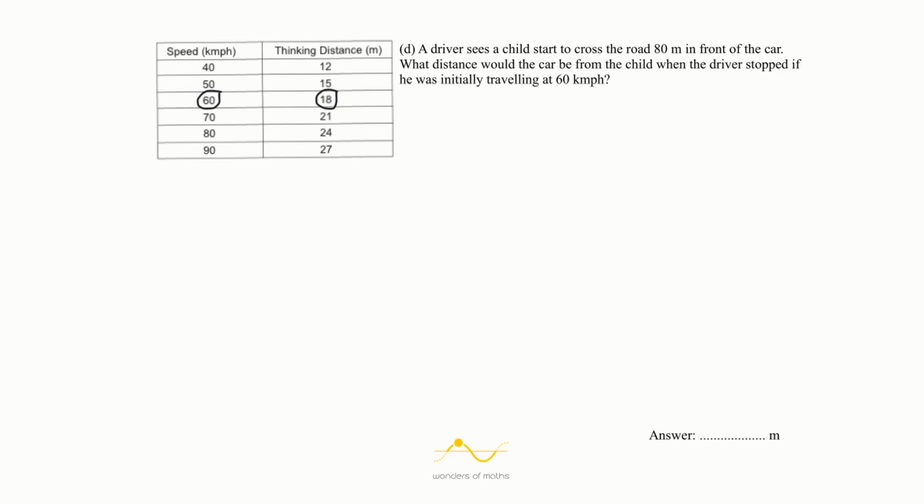However, before we start using the thinking distance, let's calculate the braking distance. We have to remember from the previous parts that the braking distance is 1/60th multiplied by speed squared. So we need to do 1/60 multiplied by 60 squared, which gives us 60.